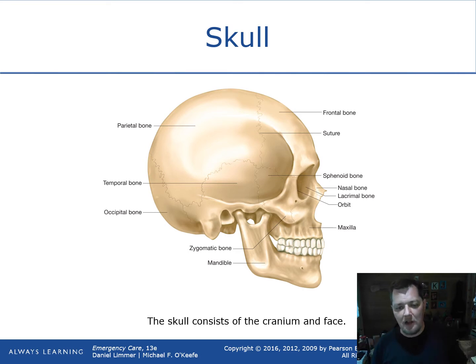So you've got your parietal bone, your temporal bone, your occipital bone. Okay, your mandible is your jawbone. Your maxilla is your upper lip. You've got your orbital bone, your nasal bone, your lacrimal bone, which is kind of on the inside of your eye, and then your frontal bone up here.